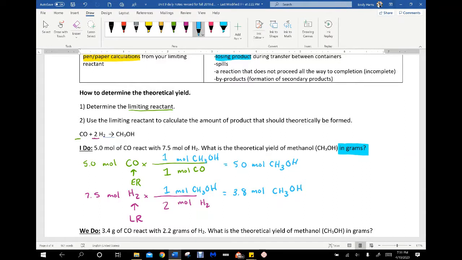I know based off the limiting reactant, I should have made 3.8 moles of CH3OH. So I can just continue that calculation and go from moles of CH3OH to grams of CH3OH. Anytime I'm going to grams, this requires the molar mass from the periodic table.